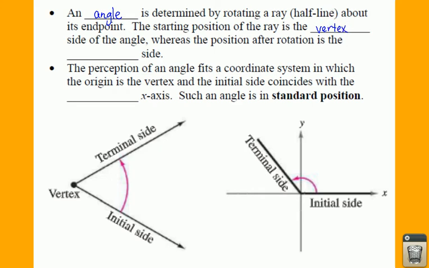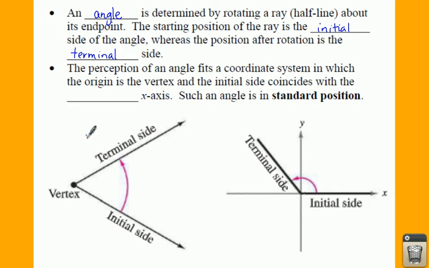I lied. It's not a vertex. This is your initial side. Sorry, the starting position of your ray is your initial side of your angle, whereas the position after it's rotated is your terminal side. That should make sense. Initial is always where you begin with something. Terminal is where something stops. I'm the terminal side.